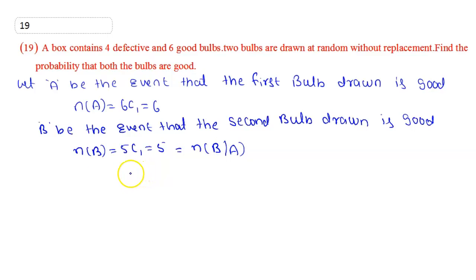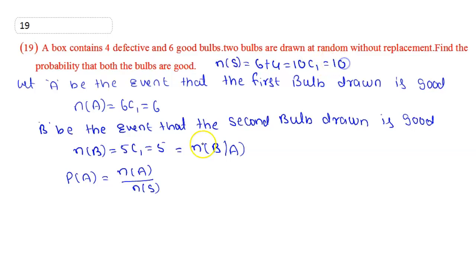Okay. So now P of A is equal to n of A by n of S. Total bulbs are 10, so n of S is 6 good plus 4 defective bulbs, 10C1, that is equal to 10. So P of A is 6 by 10.